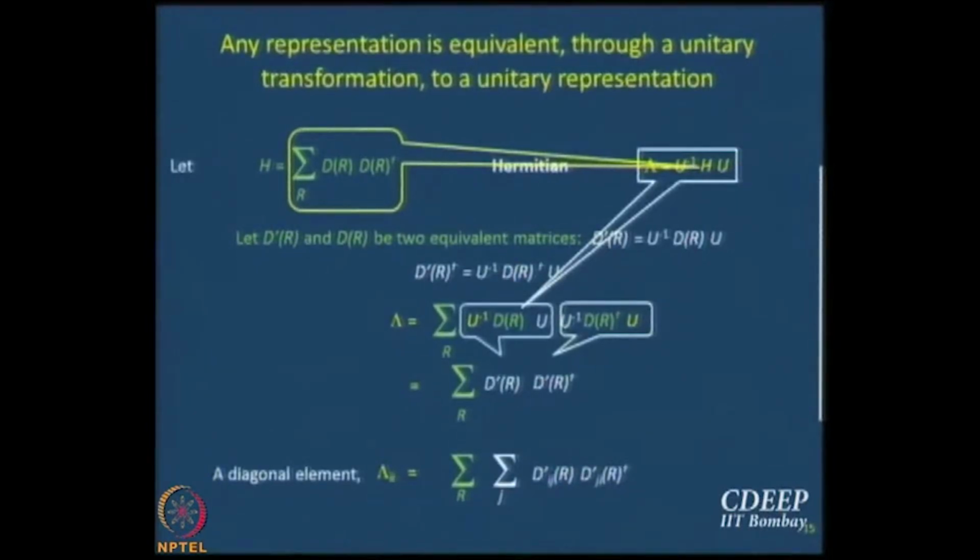It's a diagonal element. I don't care about off diagonal elements, because I know already that off diagonal elements are all 0, right. I only care about the diagonal elements. What are the diagonal elements? Are they all 1? Then what are they? The lambda values, right, the eigen values. So what are the eigen values?